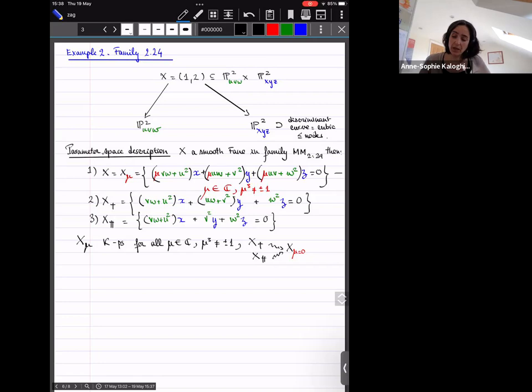And the two separate cases, X dagger and X double dagger, both degenerate to X mu equals 0. So this tells us that basically X dagger and X double dagger are strictly K-semistable.